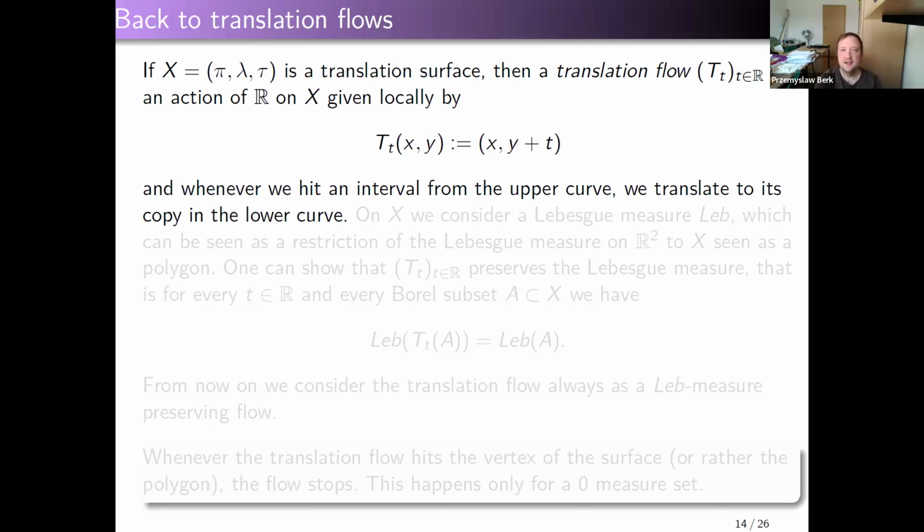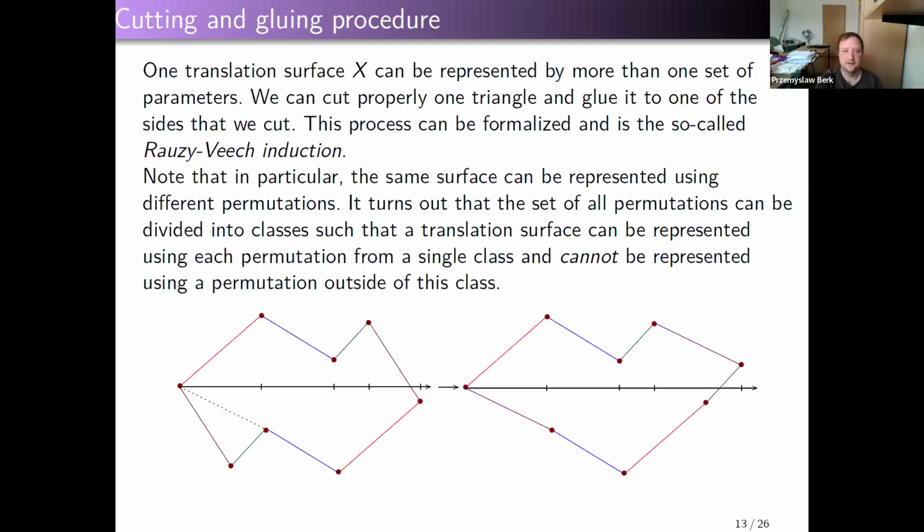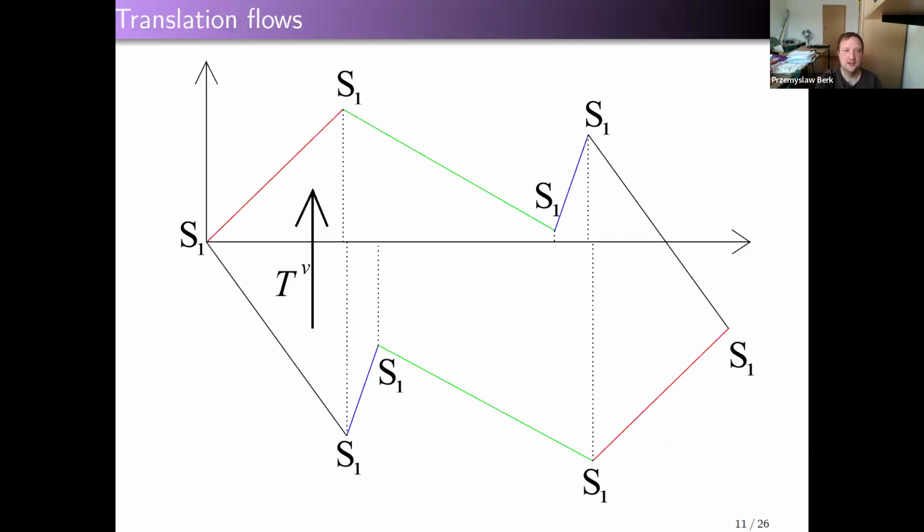Whenever we hit an interval from the upper curve, we translate to its copy in the lower curve. So for example, in this picture, if I continue with this arrow that I drew and hit the red line, I just move by a translation to the lower copy and go upwards from over there, and then I probably hit the black interval, and then I go back to the black interval, and so on and so on.